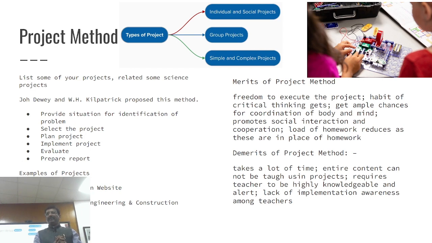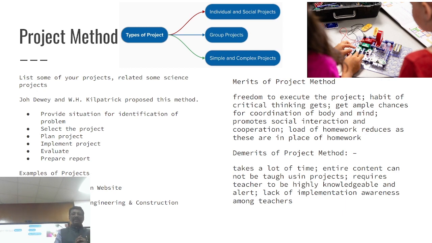This was first proposed by John Dewey as well as W.H. Kilpatrick. They said: provide a situation for identification of the problem, select the project, plan the project, implement the project, evaluate. These are the steps to be followed.